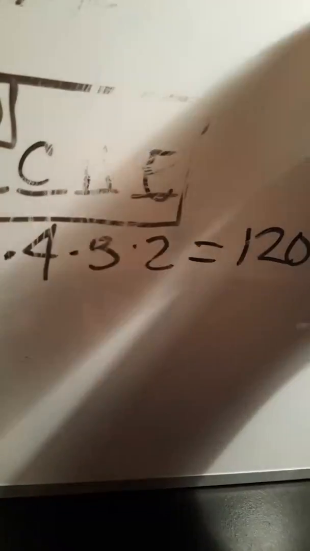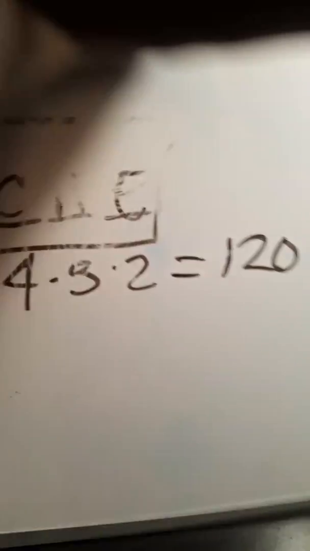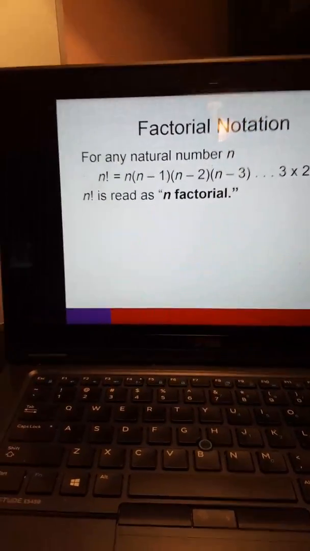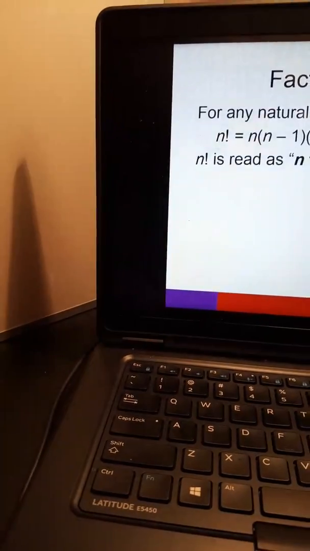So let me show you an example that kind of justifies the n exclamation point in that equation. All right, so let's just use a number here. We're going to use the number 3 because this board is not that big. So let me write that first.